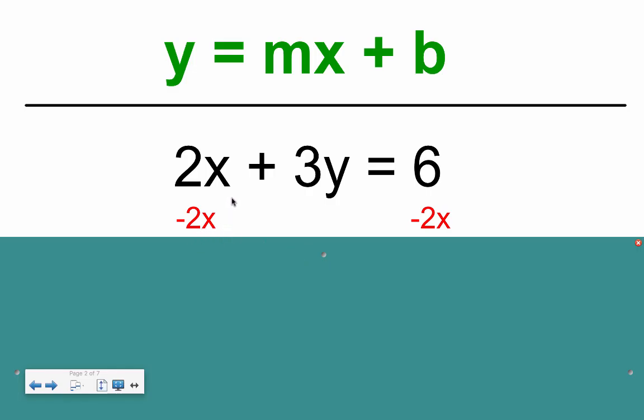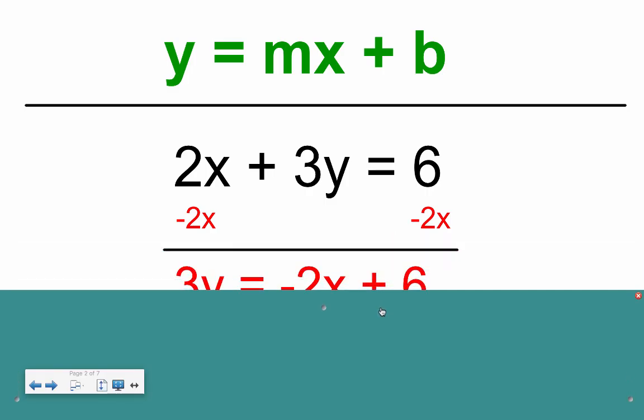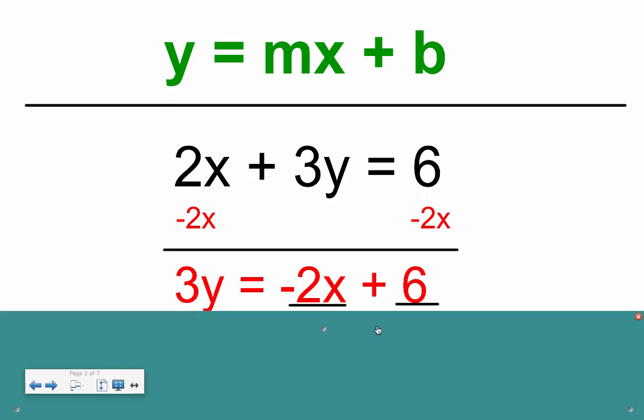And just like we've always done with equations, whatever we do to one side, we have to do to the other. So what ends up happening is this minus 2x goes away on the left-hand side, and we brought it over to the right-hand side. So my new equation right now is 3y equals negative 2x plus 6.